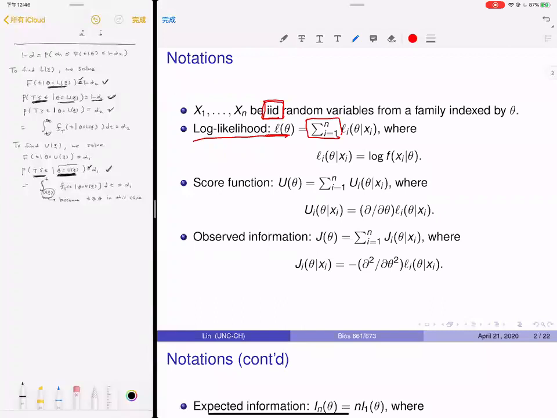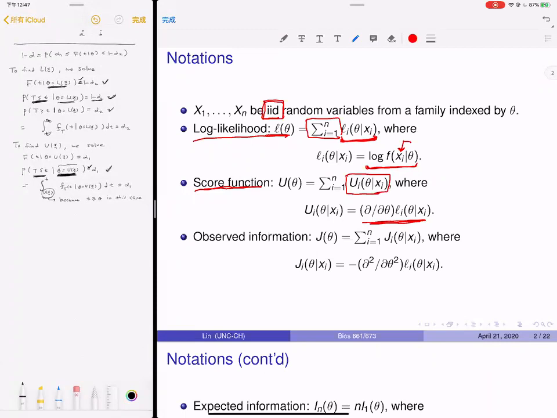The inside term for each observation is li, which is really nothing but the log PDF with only a single observation. Then I told you what the score function is. You take the first derivative of the log likelihood function, and then again I write down everything inside the summation i from 1 to n individually as ui.